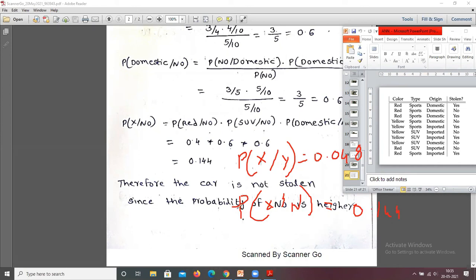Therefore, if you observe these two values, 0.144 is the highest value. So therefore, the car is not stolen. That means N, since the probability of no is highest. Here the value of N is the highest compared to Y. So therefore, the car is not stolen. Okay, so these are the examples for the Naive Bayes algorithm.